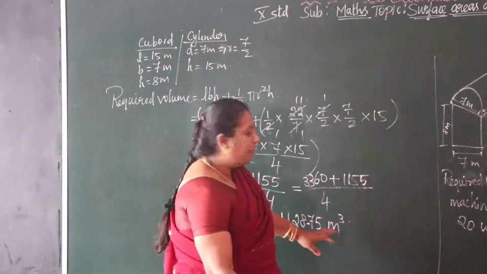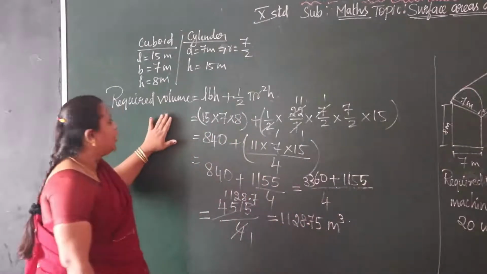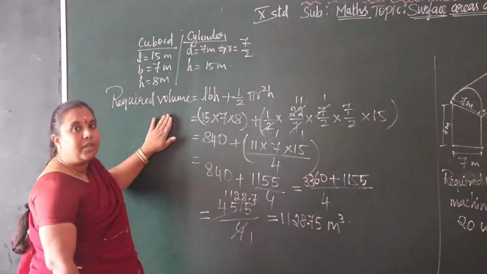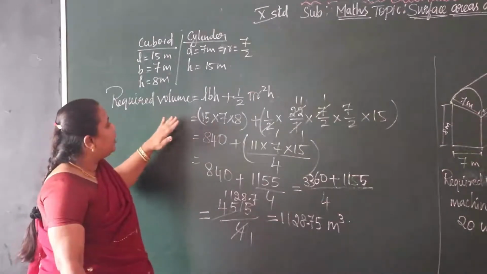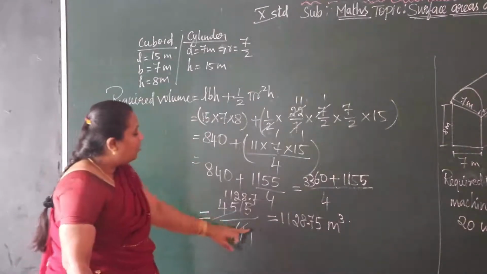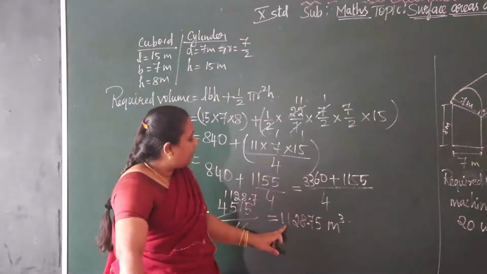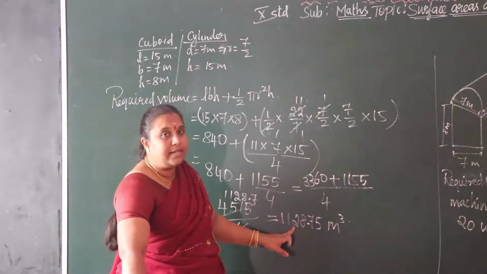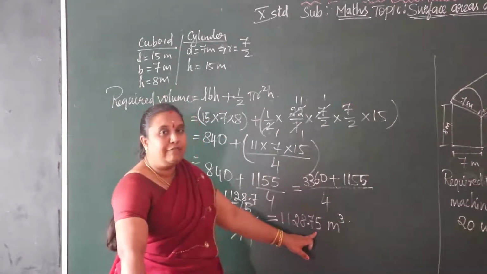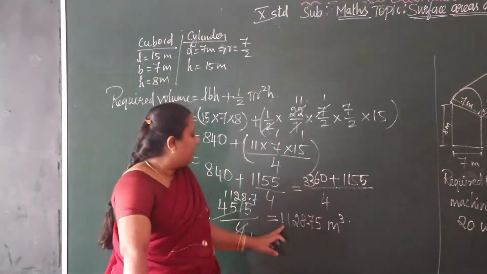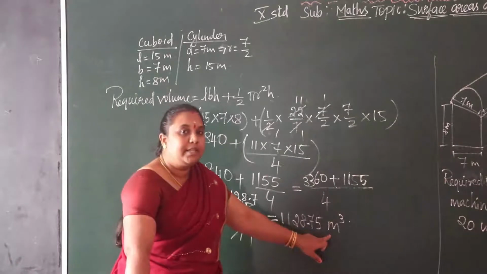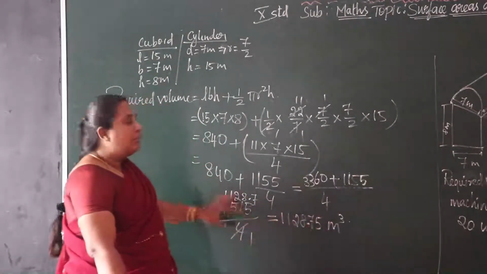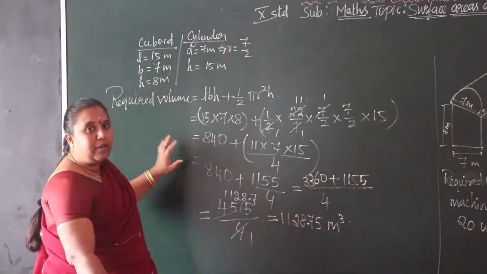Okay, so how much required volume of air occupies in this? That is the shed. Okay, so in that shed air occupies 1128.75 meter cube. So this much we require, first thing.